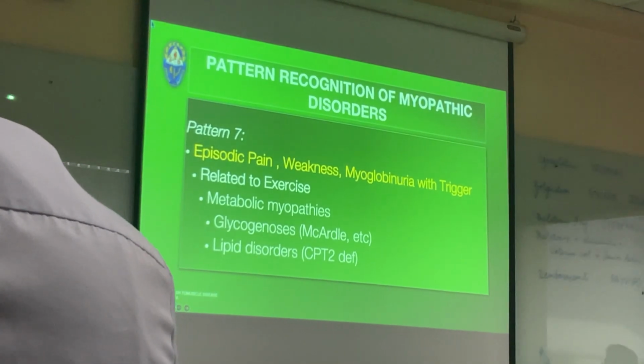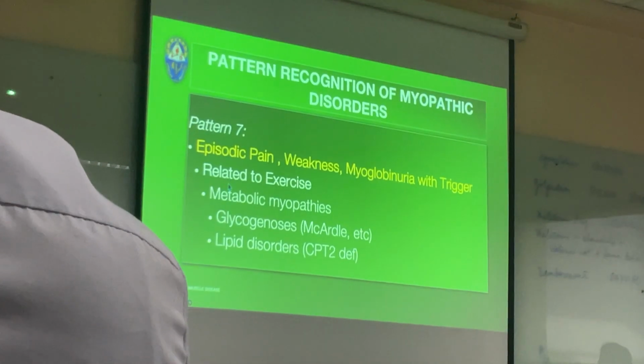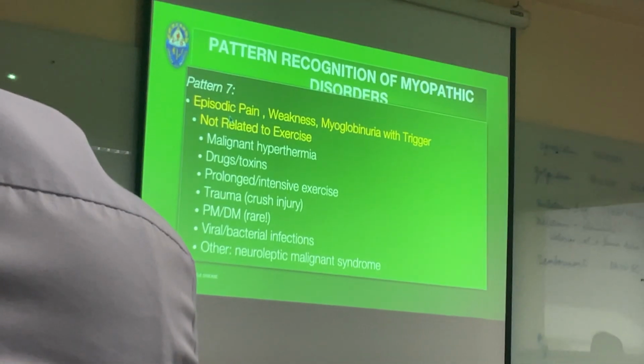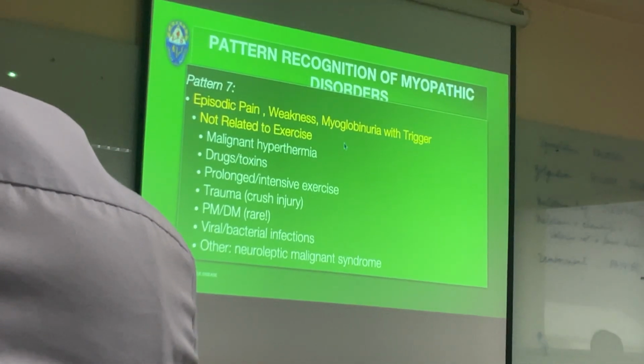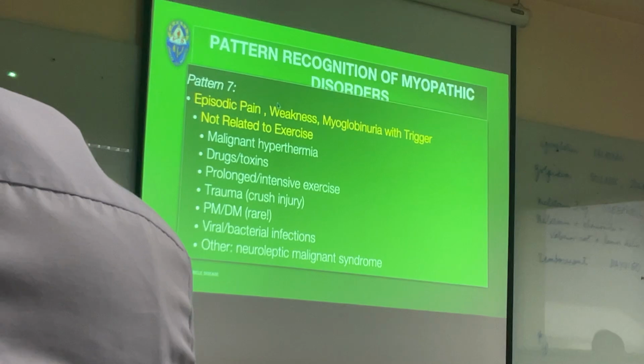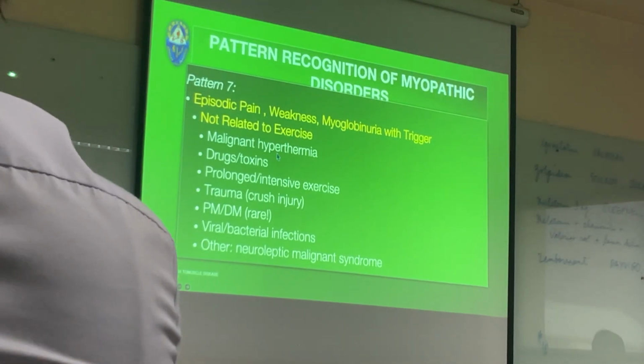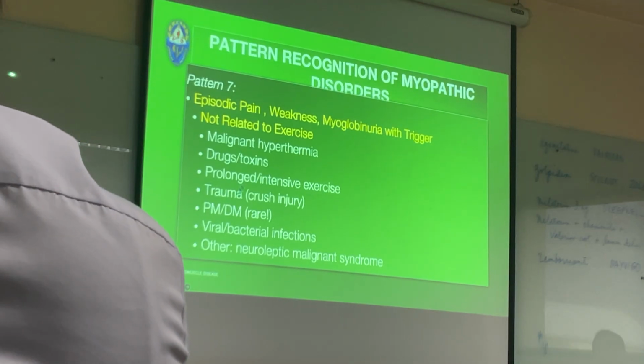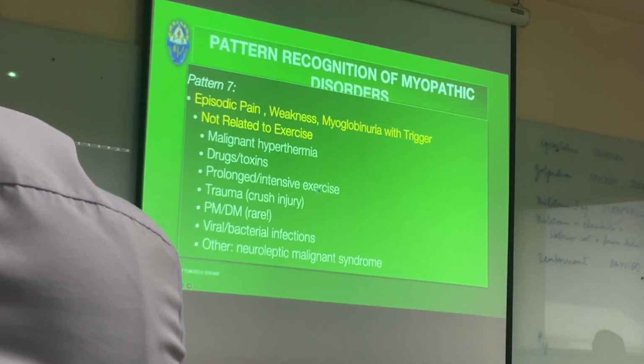Clear? Okay? Episodic pain, weakness, myoglobinuria, not related to exercise: malignant hyperthermia, drug-related, prolonged intensive exercise.